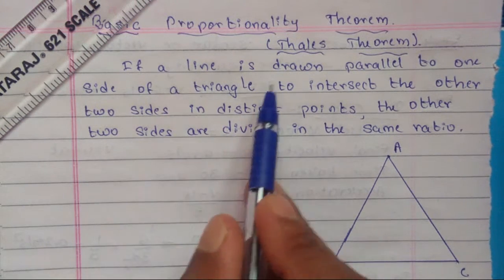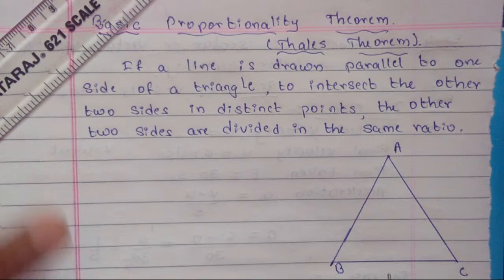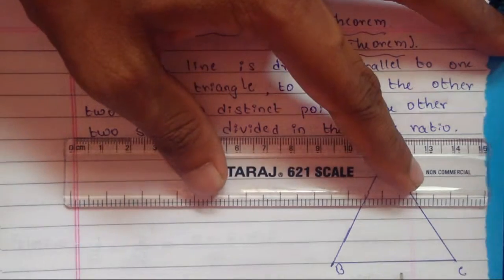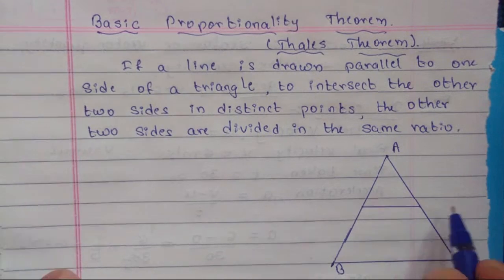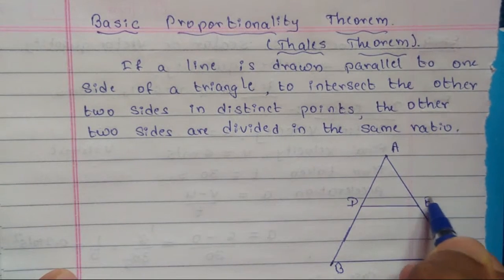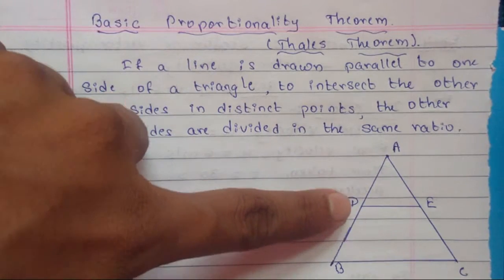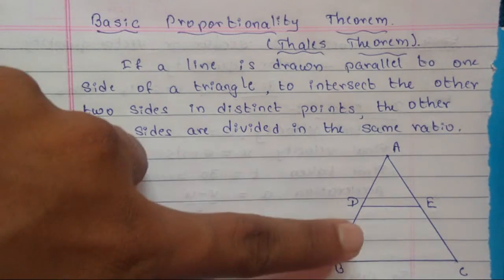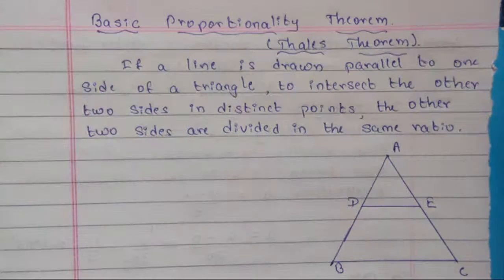According to the statement, if a line is drawn parallel to one side of the triangle, I will consider BC as the one side of the triangle, then I will draw one line which is parallel to this side. I will draw one line here, and I will name the endpoints as D and E. So now, according to the statement, I have drawn one line that is parallel to one side of the triangle. Therefore, here DE is parallel to BC.